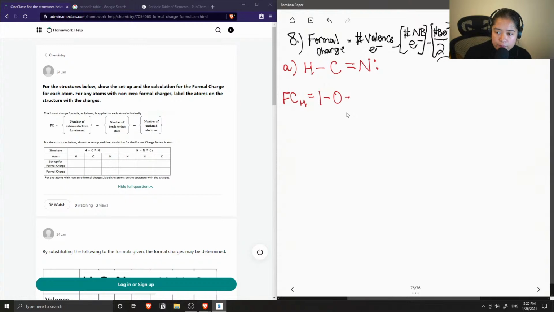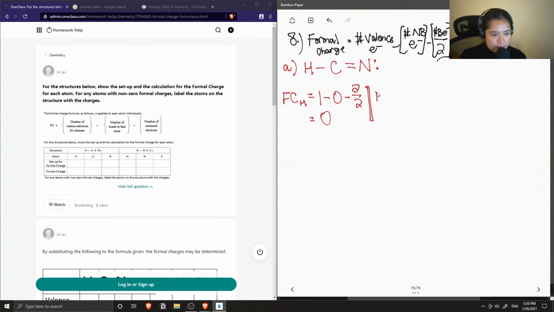And there's 1 bond to the hydrogen as well, so that means there are 2 bonding electrons, and we divide this by 2. So 1 minus 0 minus 1 gives 0. So the formal charge for hydrogen is 0.